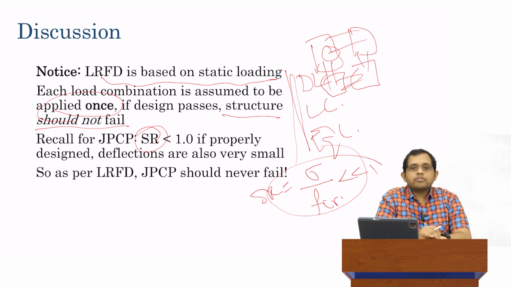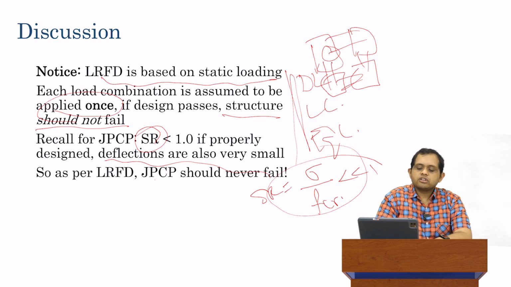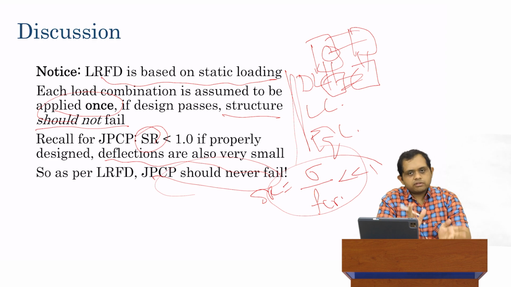Now, for JPCP pavements, in-service conditions are such that our stress ratio is always less than 1, and if you look at the calculations previously, the deflections are also usually very small. They're low enough that drivers or pedestrians will not recognize that there are any deflections. Therefore, if we apply LRFD theory to JPCP under all these conditions, JPCP should never fail.